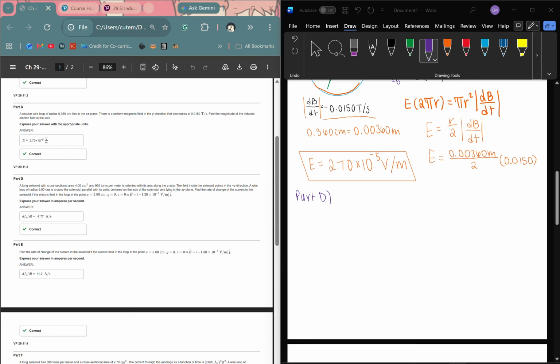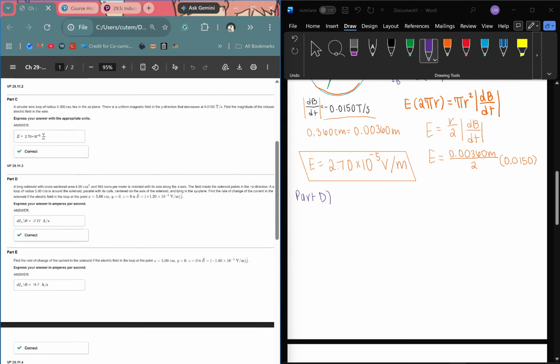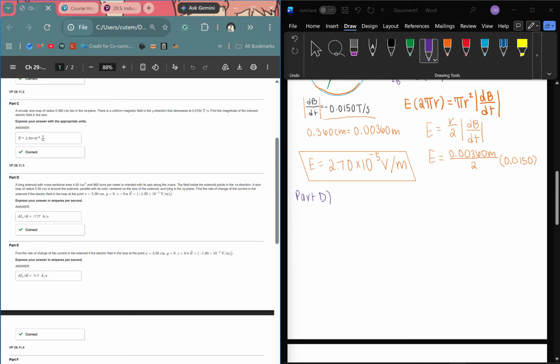Wait, let's read the question again. A long solenoid with a cross section of 4 centimeters squared and 965 turns per meter is oriented with its axis along the z-axis. The field inside the solenoid is in the positive z direction. A wire loop of radius 5 centimeters is around the solenoid, parallel with its coil, centered on the axis of the solenoid and lying in the xy plane.